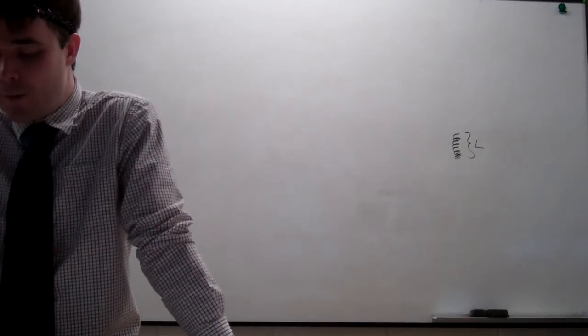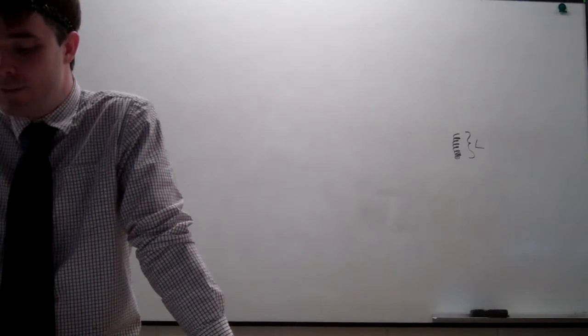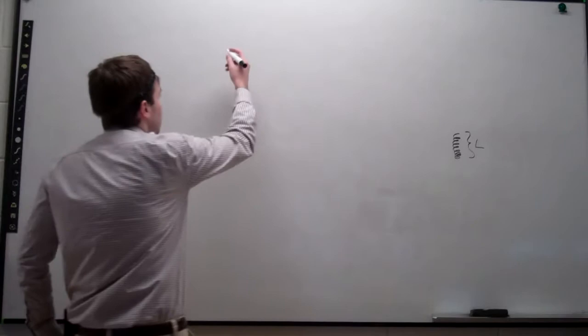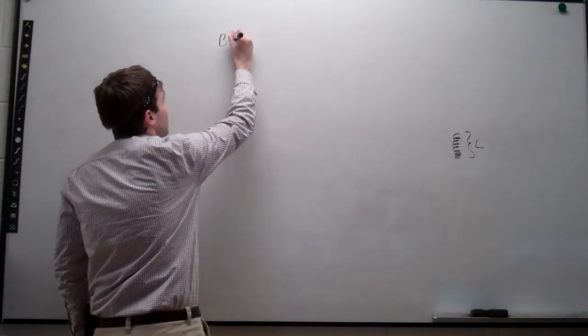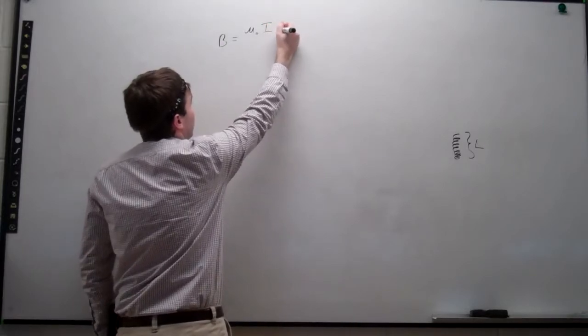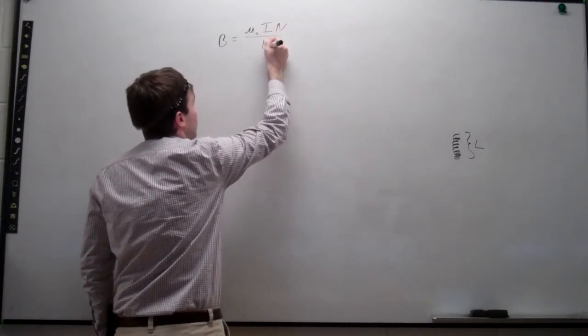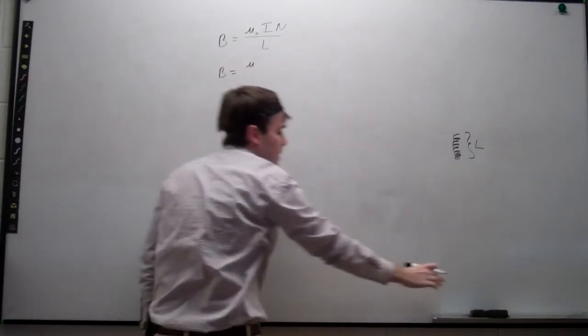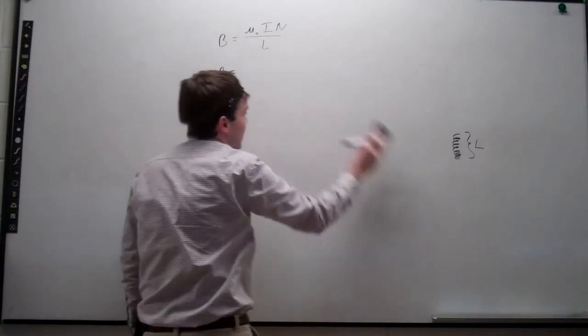The solenoid has a length of 16 centimeters. If the current in the wire is 5.9 amps, what is the magnetic field generated? Alright, so this one we just use B equals mu naught I N over L. So what's mu naught? 4 pi times 10 to the negative 7.